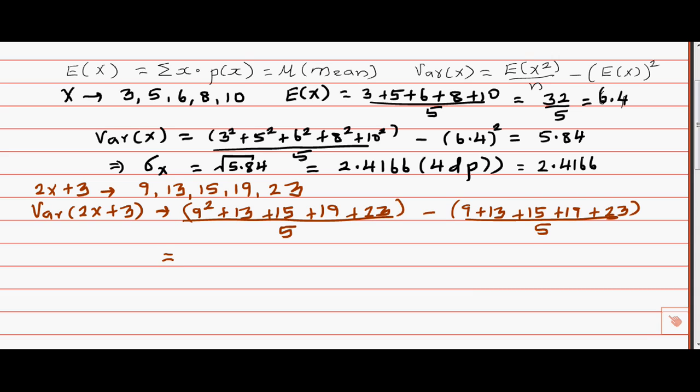You can do this on a calculator, and the variance you will find is 15.8. The variance of 2x plus 3 is 15.8.